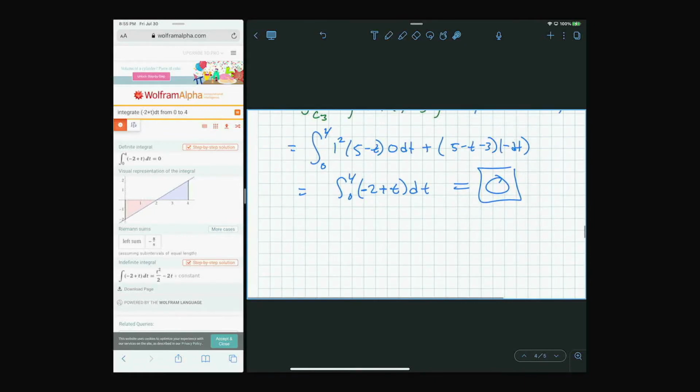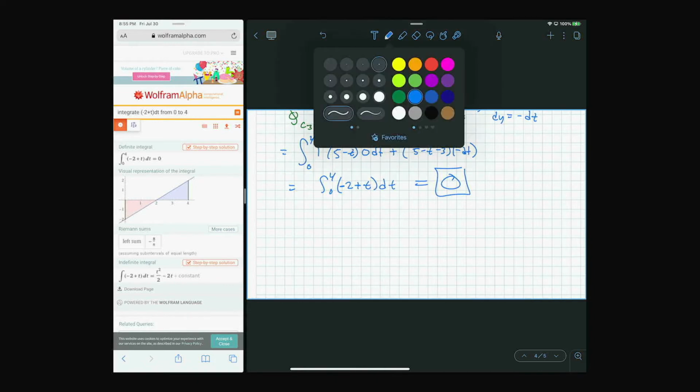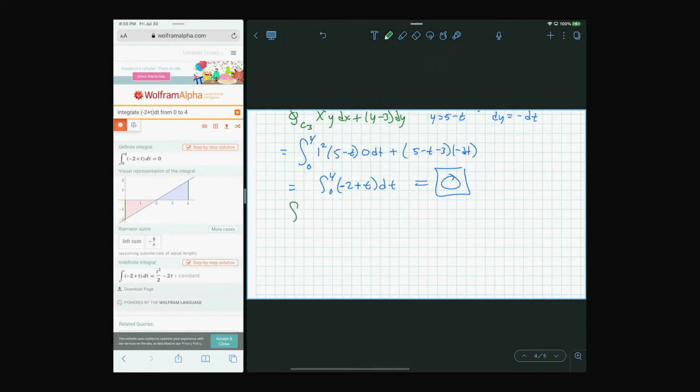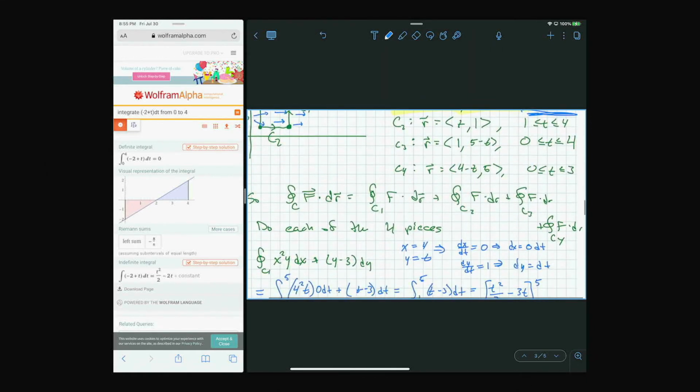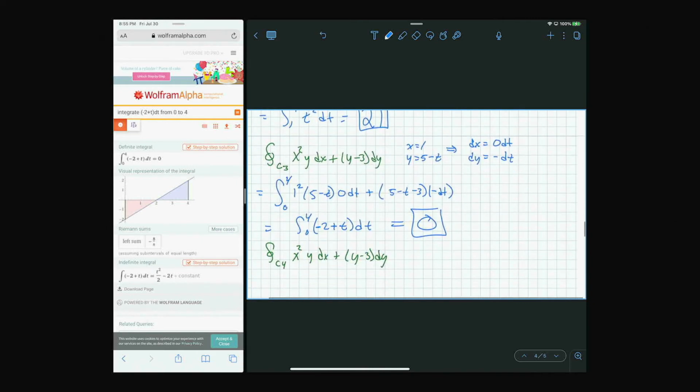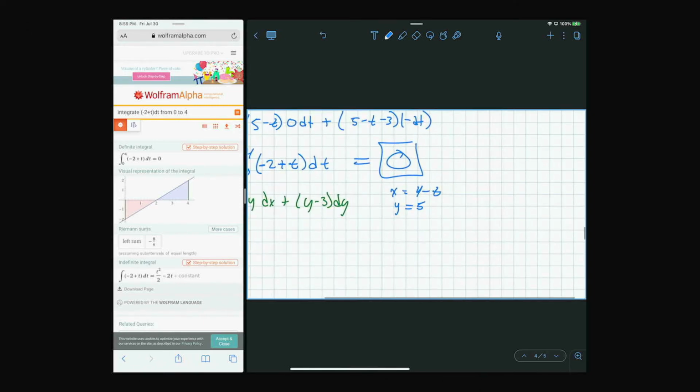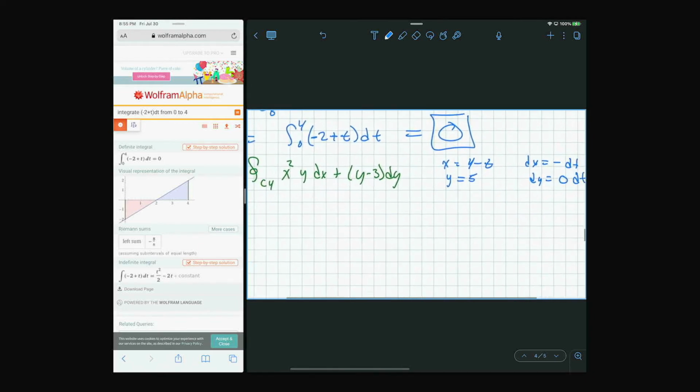Okay, so we have that last piece, C4. X squared y dx plus y minus 3 dy. C4 is up here somewhere. 4 minus t comma 5. X is 4 minus t, y is 5. So that's not bad. The dx is going to be negative dt, and the dy is going to be 0 dt. Plug it all in.